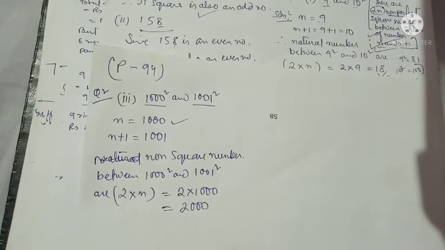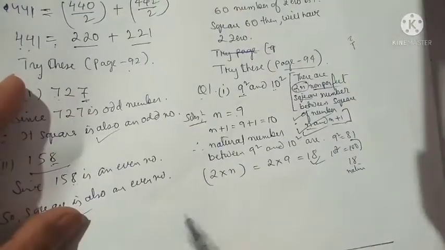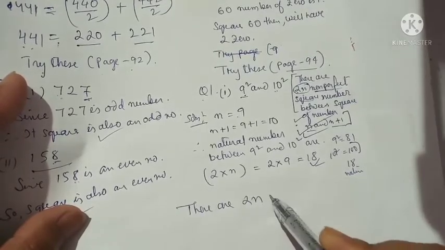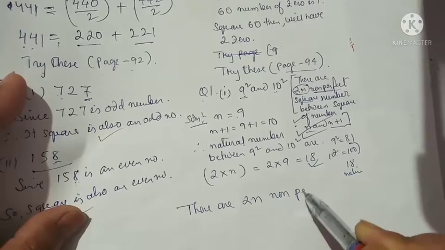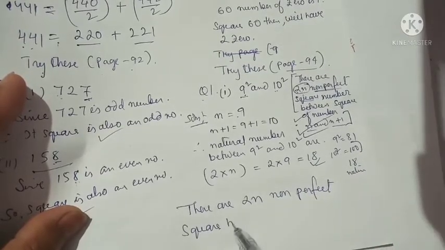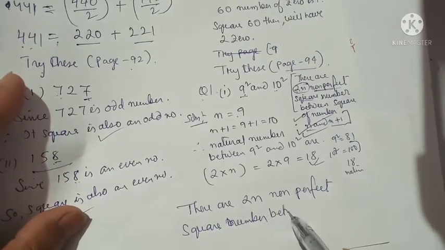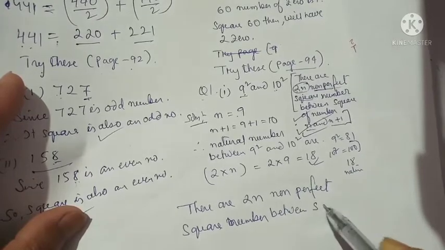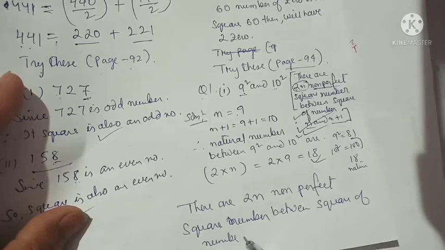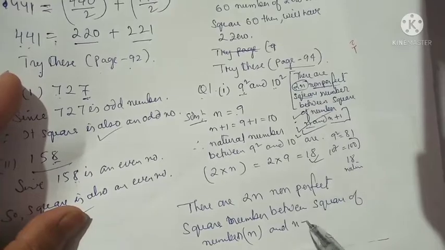Did you get my point? According to these properties, here is the point. There are 2n non-perfect squares between the squares of the numbers n and n plus 1.